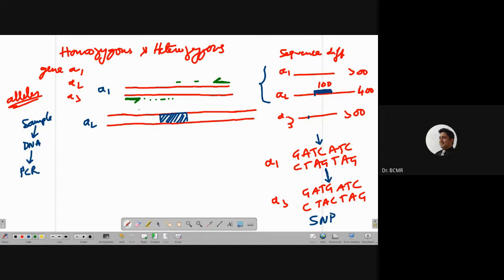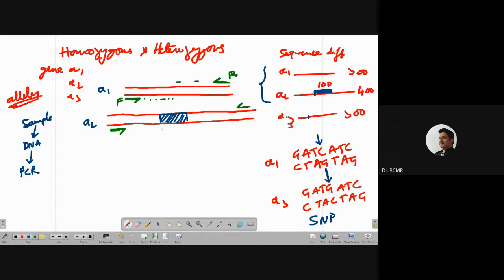Remember that the sequences of A1 and A2 are absolutely the same. So the same primers, which we will call forward F and reverse R, can also recognize the A2 allele, because the rest of the sequence is the same between A1 and A2.